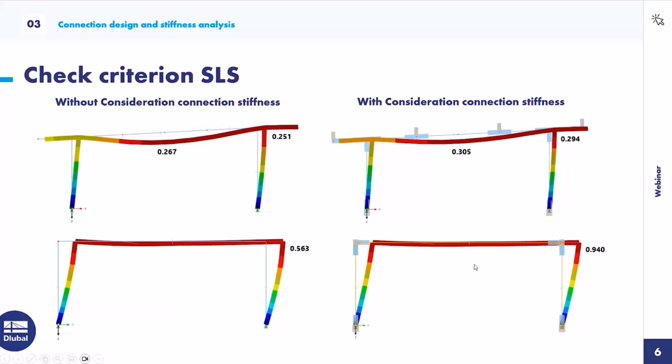That means you need to consider the connection stiffness in your model. You can have higher design ratios for the serviceability limit state design, as we have in our case.